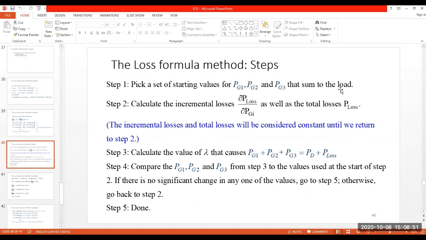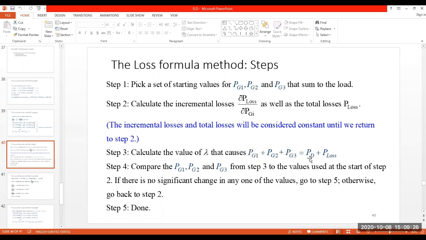Now we are again rewriting this expression which we used at the top, but we are taking help of some additional term. So of course there will be some effect on these values also; these values here will also be changing compared to those values. I will show in the example how they actually change. So at step 3, we will not only get the lambda value, but we will also get some updated values for PG1, PG2 and PG3.